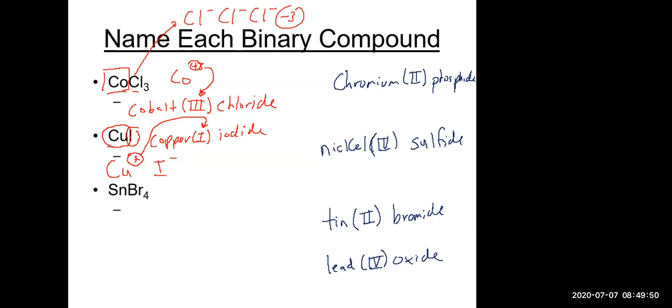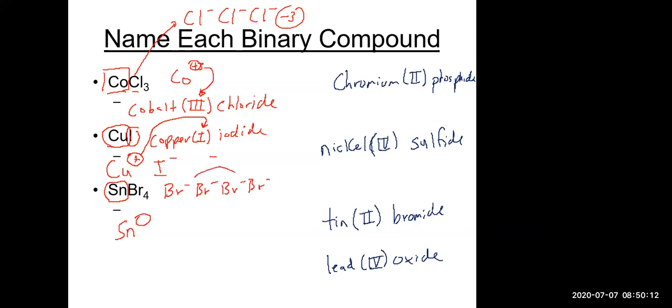Looking at our last one here, we have Sn, which is tin. Again, not necessarily a transition metal, but just to the right in that area that's basically named the same way. So we're going to look at our Br, which is group 7. If you want to draw them all out, you don't have to, but maybe it's helpful.